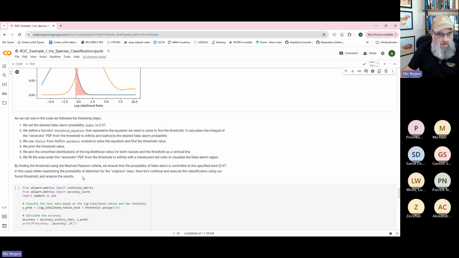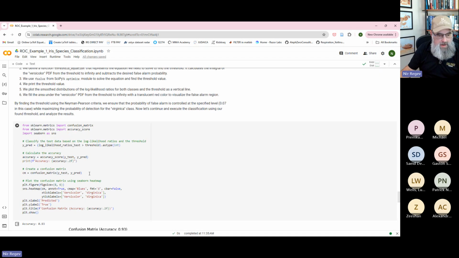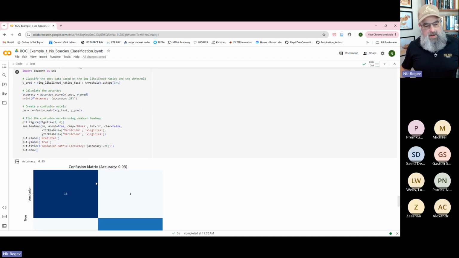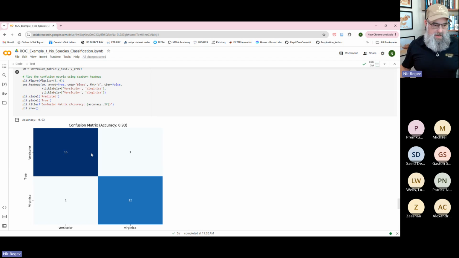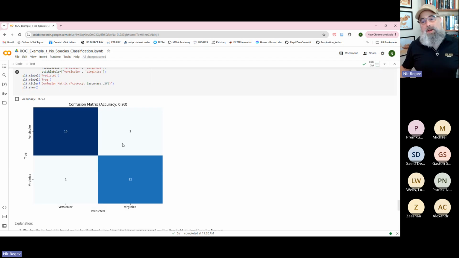Now we can use this threshold to classify all the test data that we have, and to get a confusion matrix that gives us an accuracy of 0.93, or 93% accurate, in which we have 16 versicolors classified as versicolors and one that is not, and the same for Virginica, but this is 12 and 1.